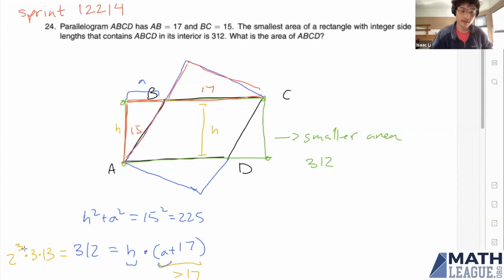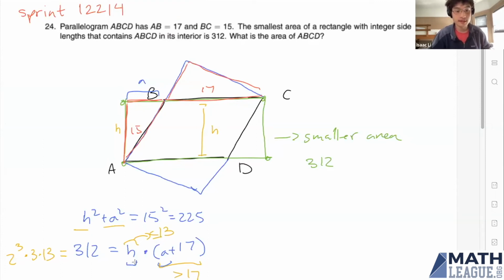The next largest factor after 17 is 24. So we just need to check all factors that are less than or equal to 13. And then we would want to plug in the values for H and A for each factor less than 13, when we do H and then A plus 17 here.